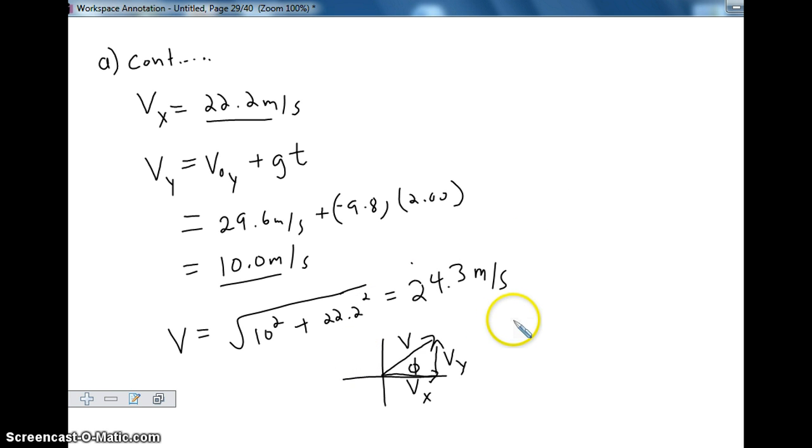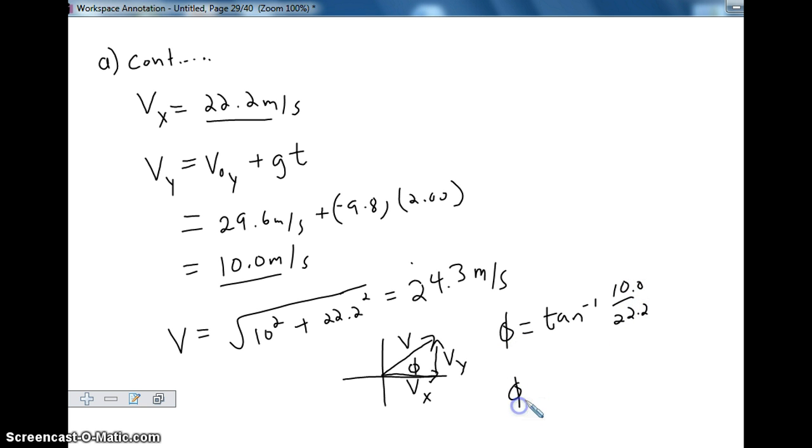So quickly evaluating angle phi, which I'll call it here, is the inverse tangent of 10 over 22.2.